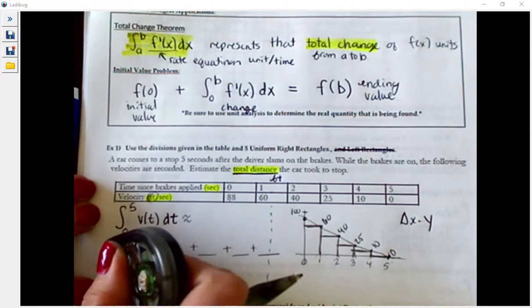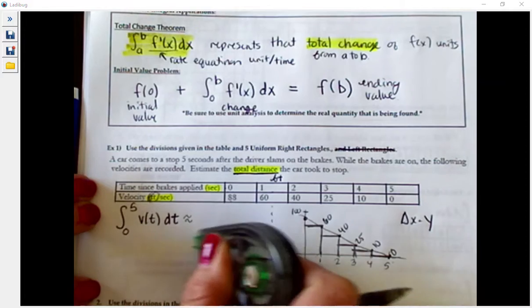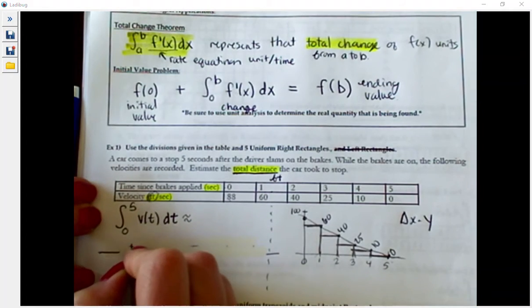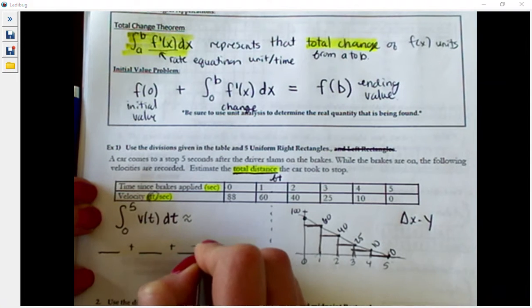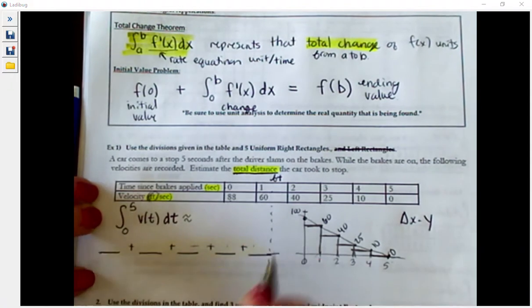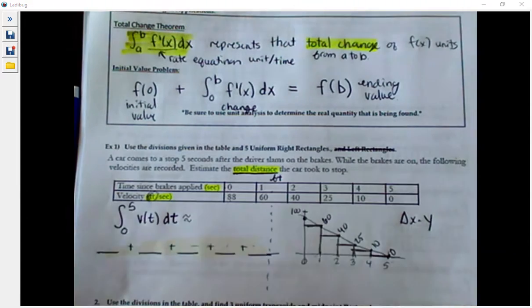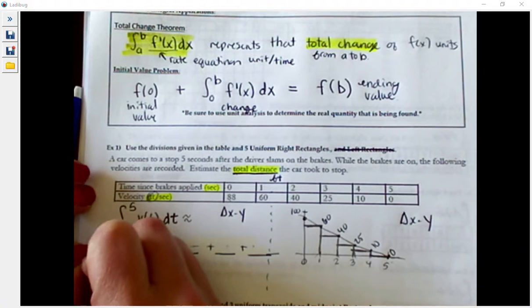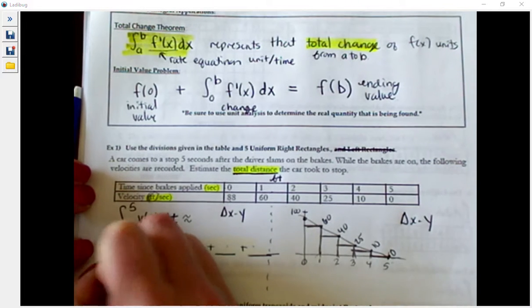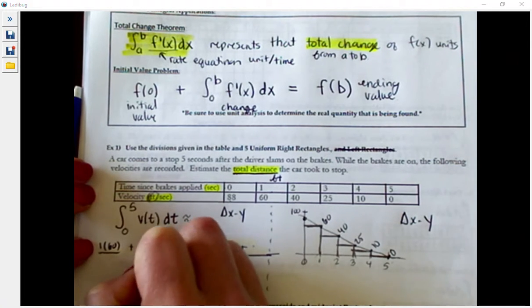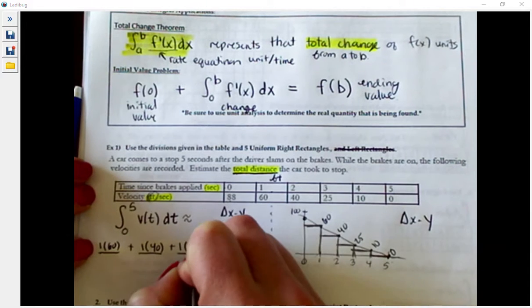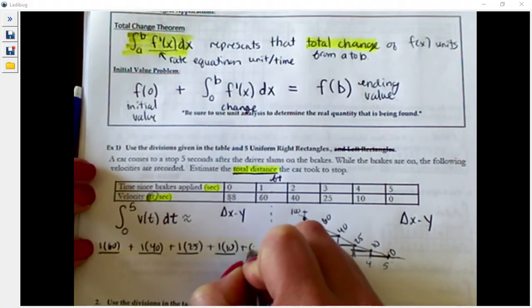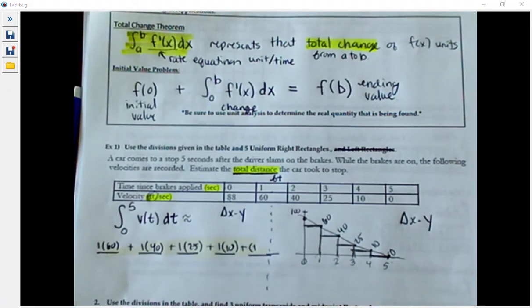First rectangle is delta x times y: 1 times 60, 1 times 40, 1 times 25, 1 times 10, 1 times 0.